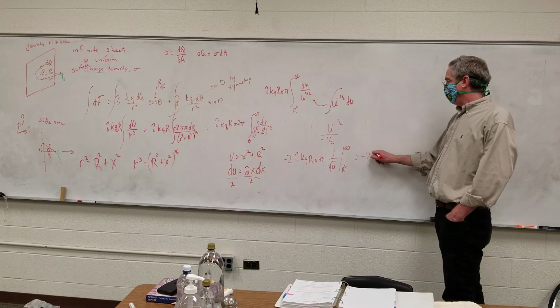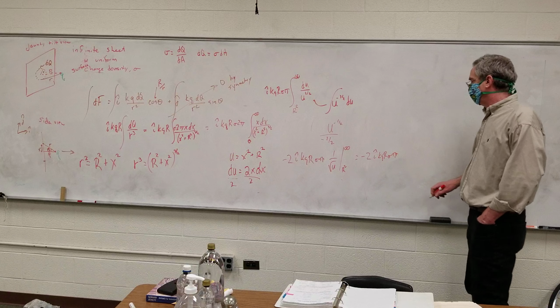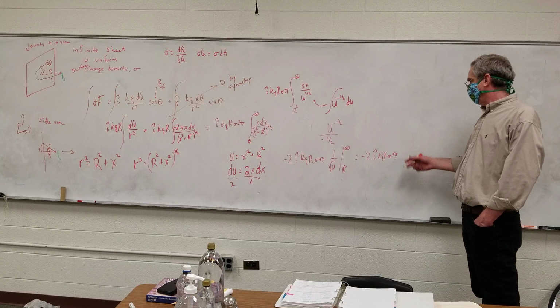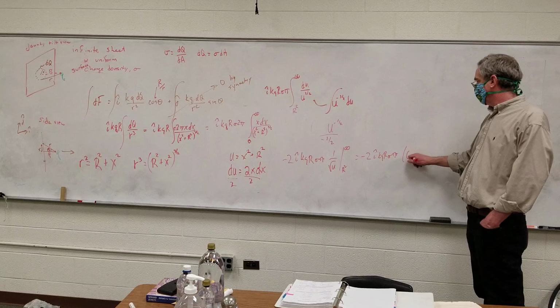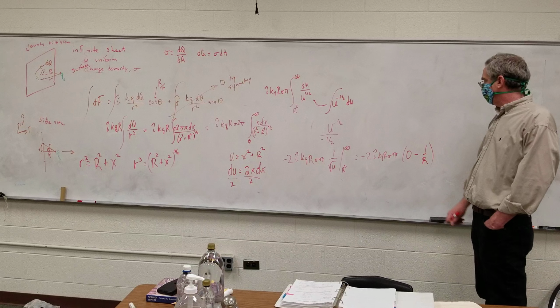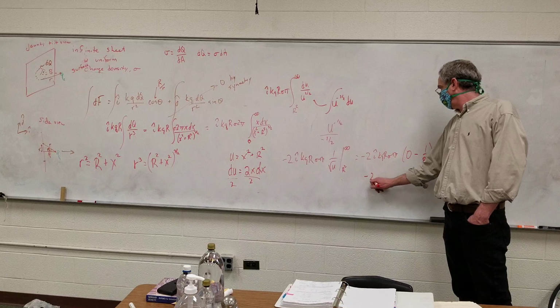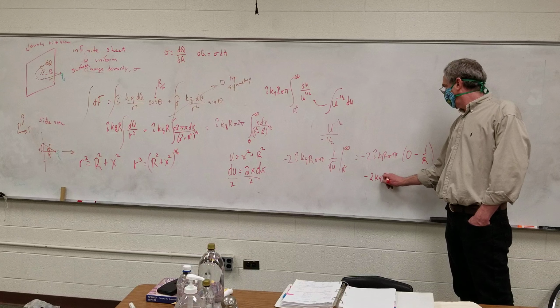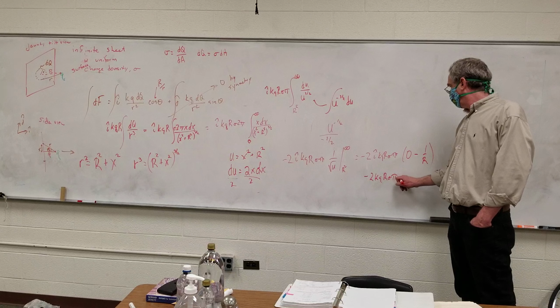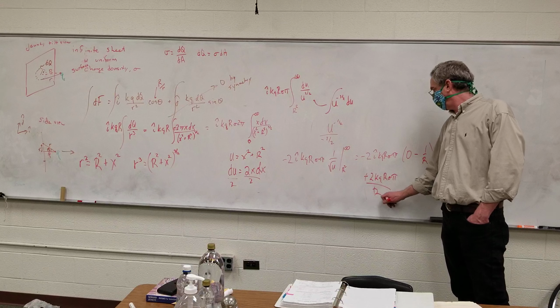Negative 2 times k q r sigma pi. We plug in infinity, we get 0. Minus, plug in r squared, we get 1 over r. So the r's cancel out.